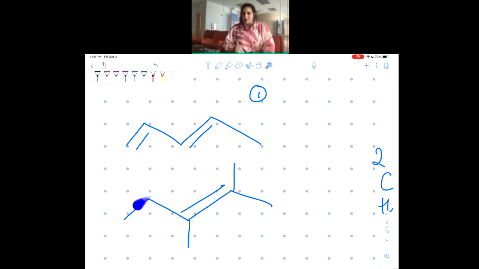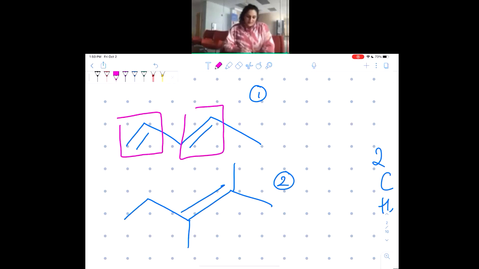So molecule 1 is still less stable overall than molecule 2, again because it has the stability from conjugation. However, if he only asked you between this double bond and this double bond, we know that this one is mono-substituted and this one is di-substituted, so that one would be more stable. It's kind of weird, but did that make sense? Yes, it did. Thank you.